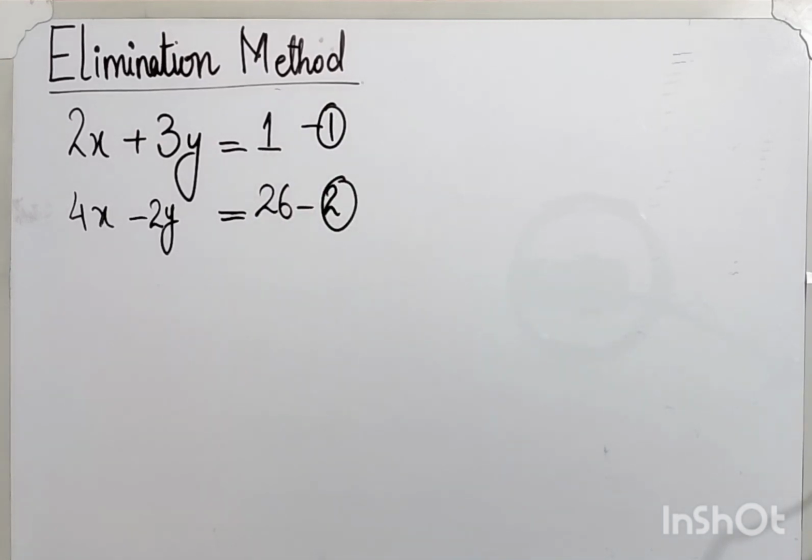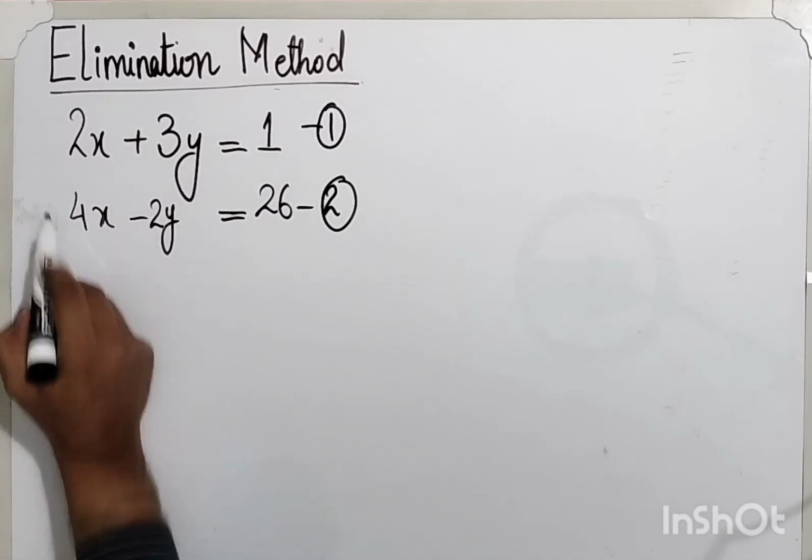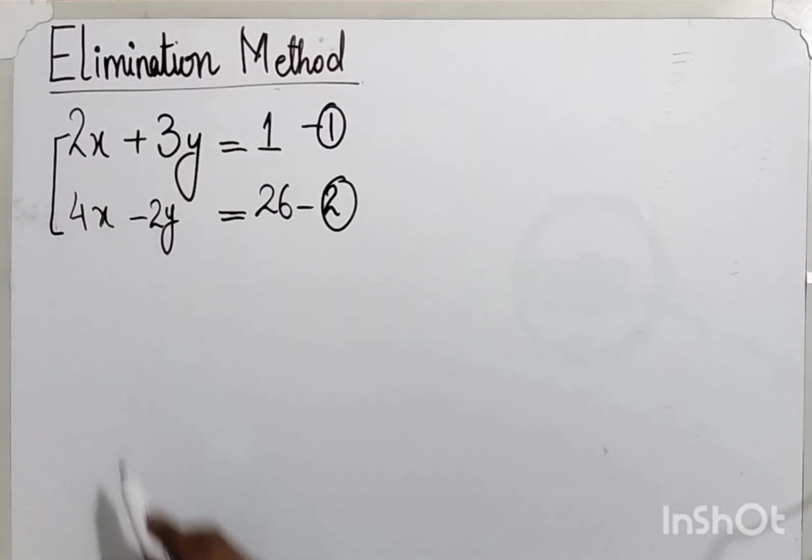Now we can clearly see that the coefficients of x as well as the coefficients of y are different, so the elimination method is not directly applicable here. So we are going to make the coefficients of one variable the same. For example, I want to eliminate x, so I'm going to find the LCM of 2 and 4, and that is 4.